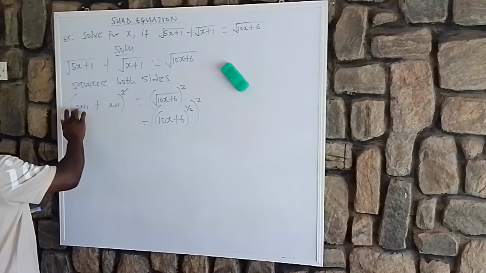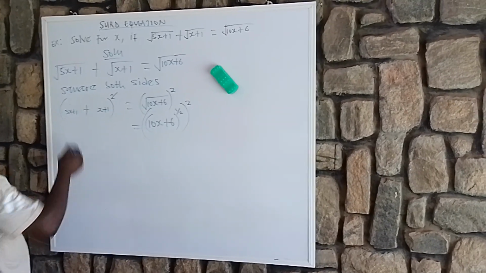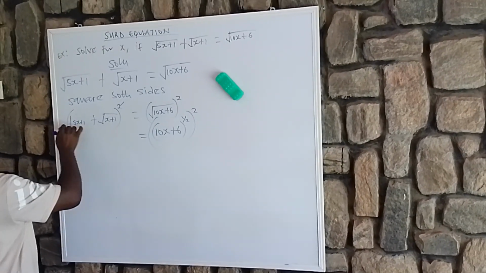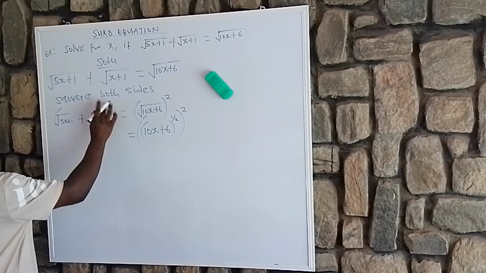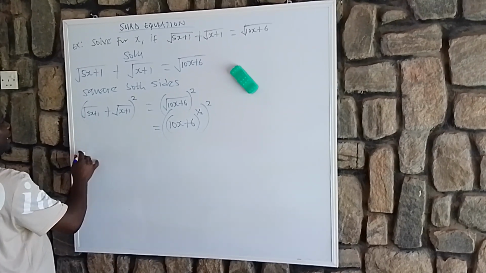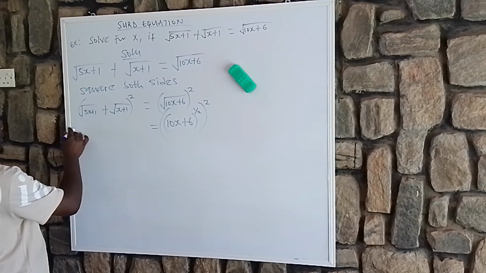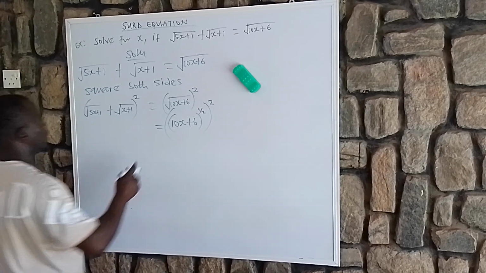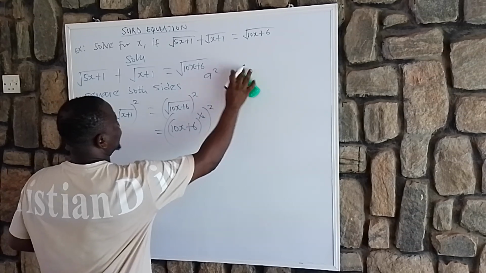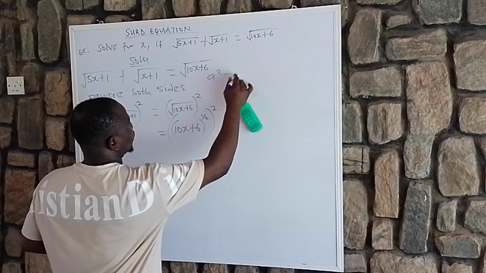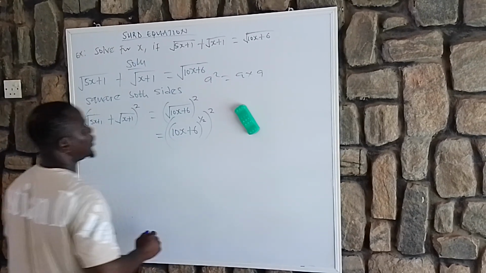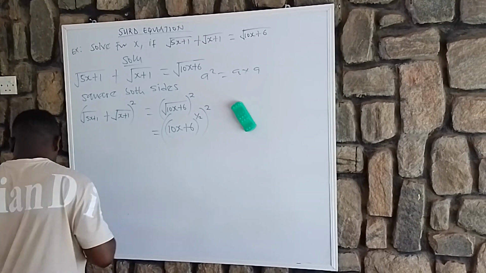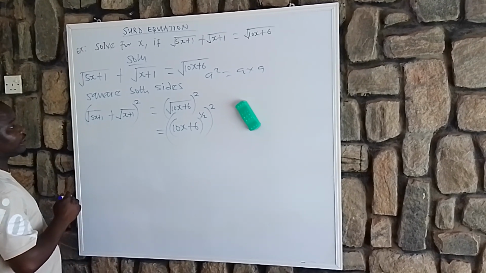So what you need to do is, if we have something of this form, this is equal to a times a. So that is the meaning of this.